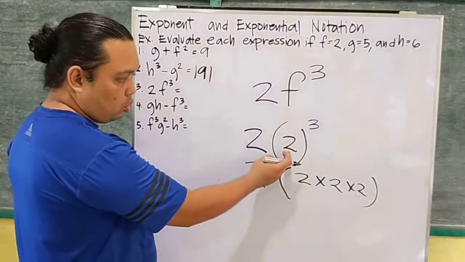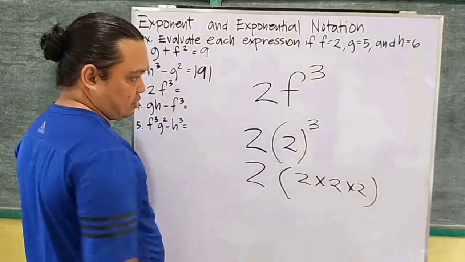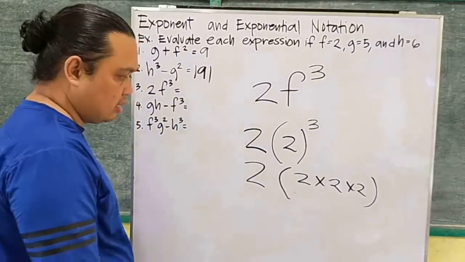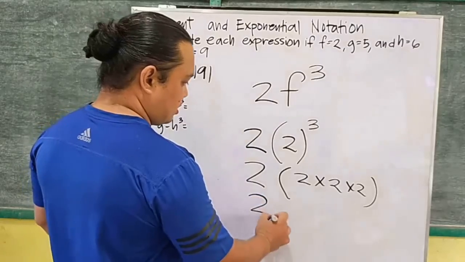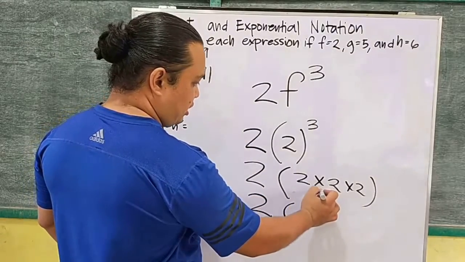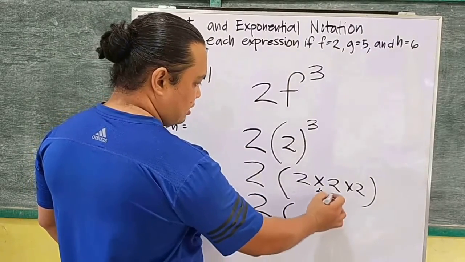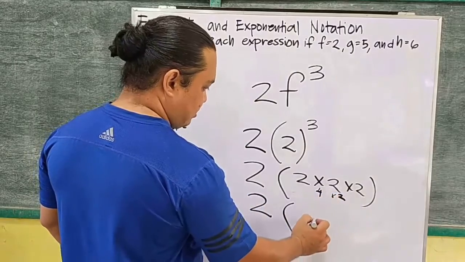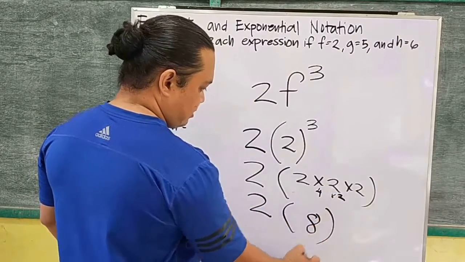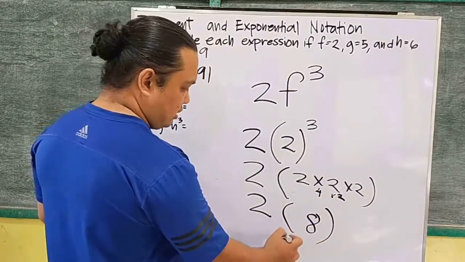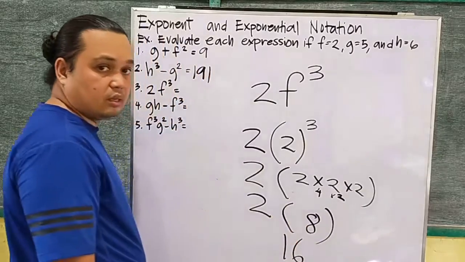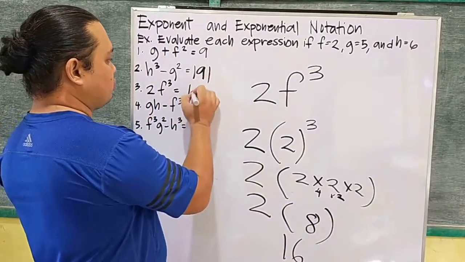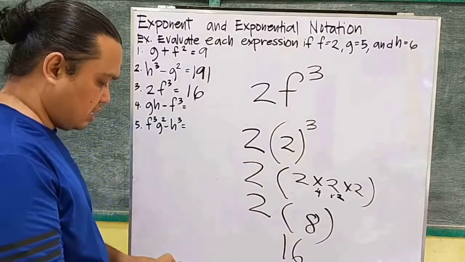That's 2 cubed. Now 2 times 2 is 4, times 2 is 8. So we have 8. Now 2 times 8 is 16. So our answer will be 16.